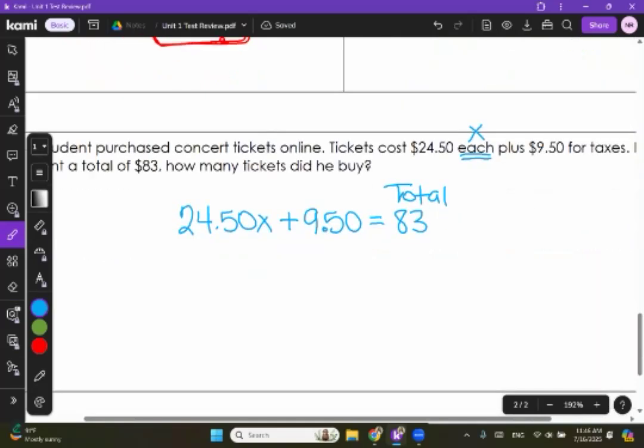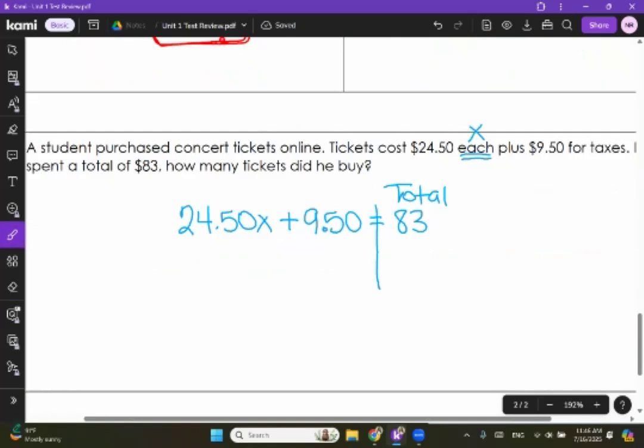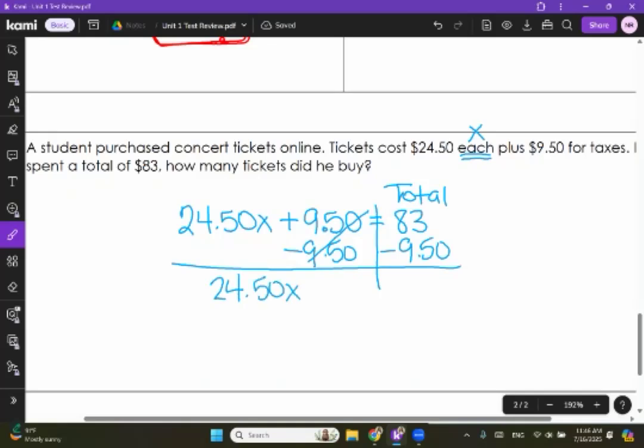So now we're going to solve for x because we want to know how many tickets were purchased. So we start by subtracting the fee. Opposite of plus is minus. 83 minus 9.50 is 73.50, and divide.